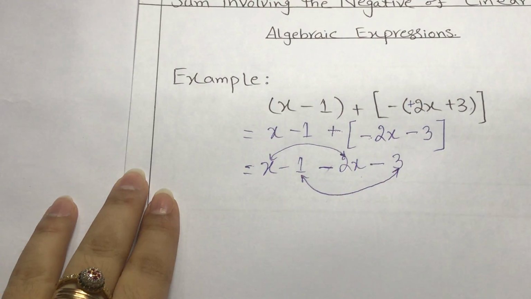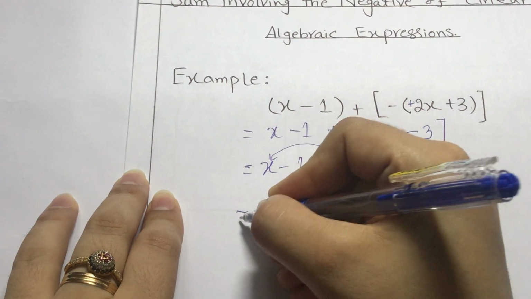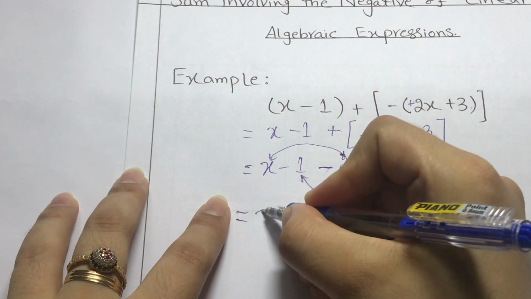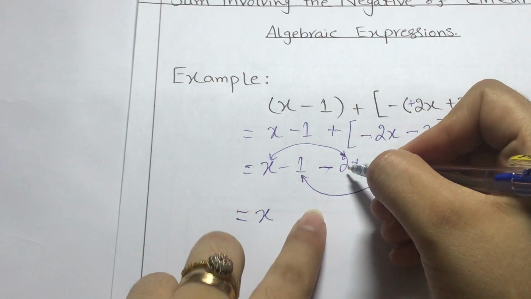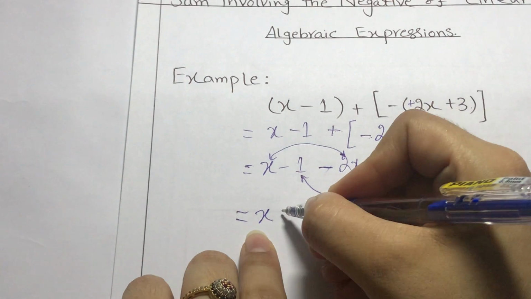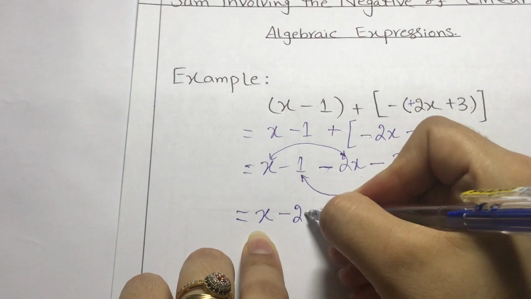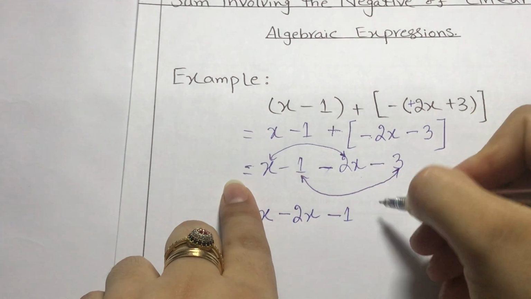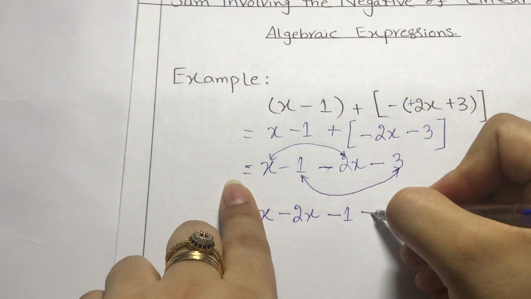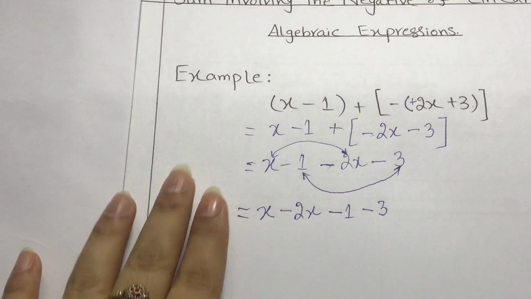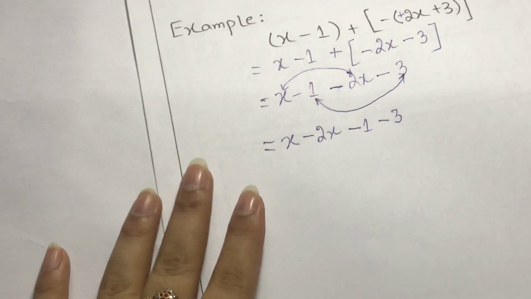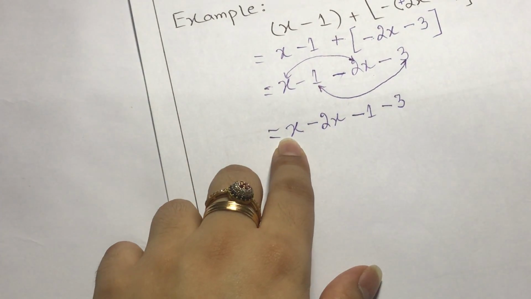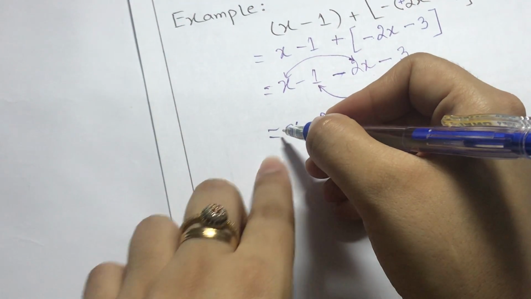Now next what we have to do, we have to combine these like terms with their signs. Don't forget to copy their signs. 2x is negative, so you will write x minus 2x. 1 is negative, so you will write minus 1, and 3 is also negative, so you will write minus 3. Now what is the sign of x? There is no sign and there is no coefficient too.